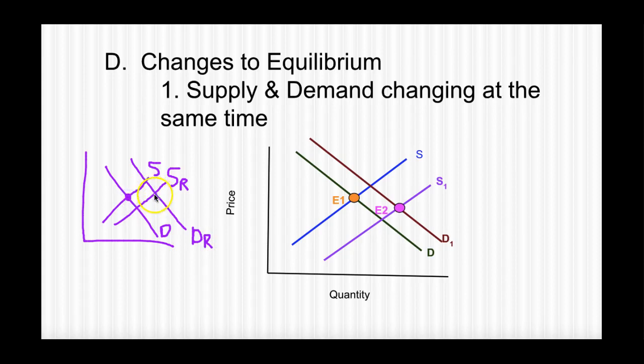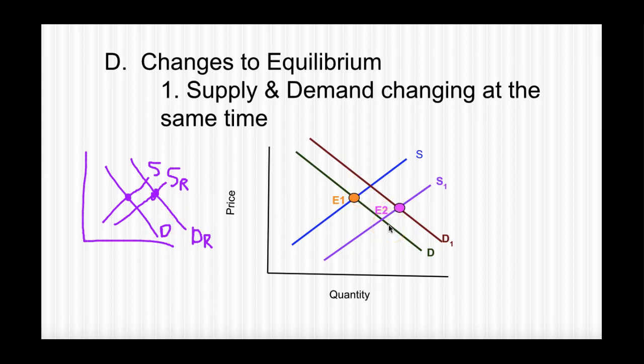Here's my new equilibrium. In this case, the way I drew this, what happened to my equilibrium price? It kind of went up, didn't it? So what's the difference between this lovely, crudely drawn purple drawing and this one over here? Why does this one have an increase in price and this one a decrease in price? Hopefully you noticed that the difference is that here I shifted the demand curve more, and here I shifted the supply curve more.